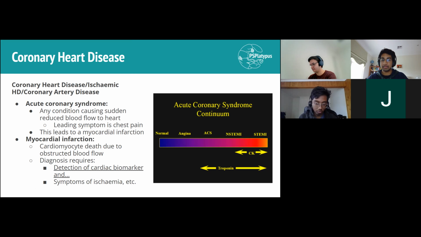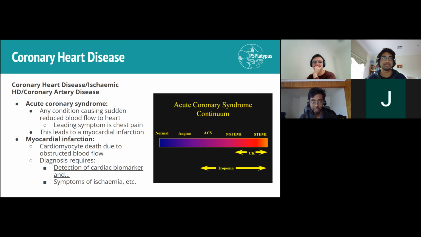Coronary heart disease. So we just talked about atherosclerosis and all that good stuff. When it happens to coronary arteries, so that's arteries supplying the heart itself, this causes obviously damage. Like when the heart is not getting blood supply, then obviously the heart cells eventually die, right?